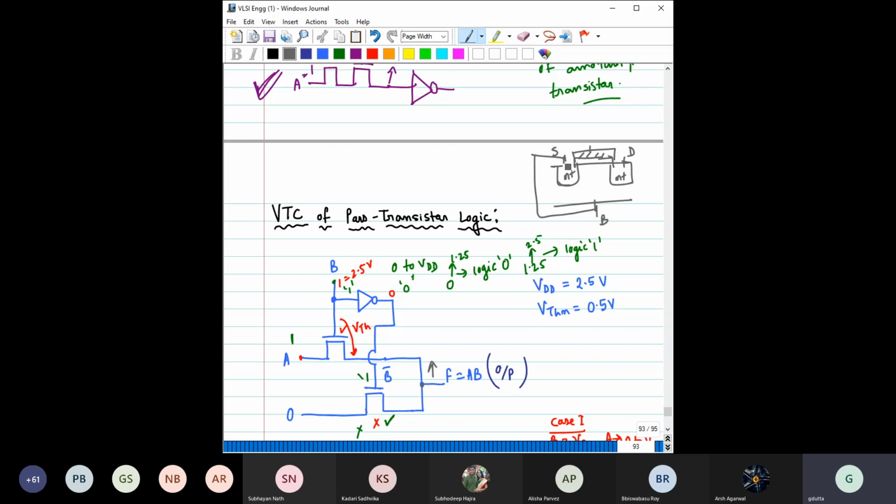Source bias? Yes. If you are changing source bias, you are changing the bias across this, right? Somewhere that is fixed. So are you not affecting the total threshold voltage of this transistor? Are you aware that the threshold voltage is also dependent on the substrate voltage?